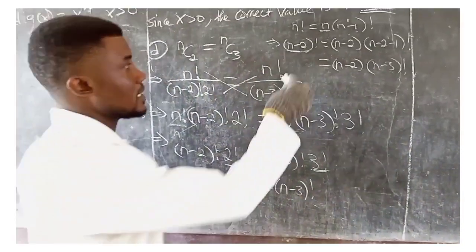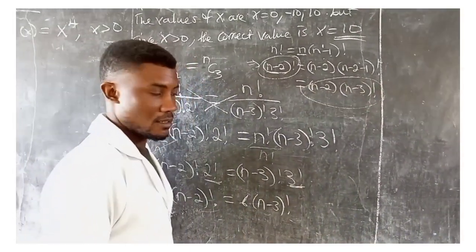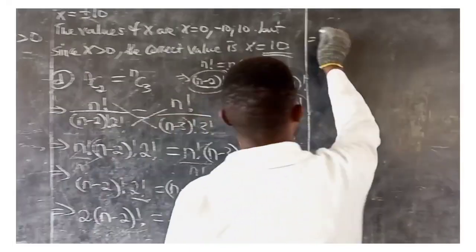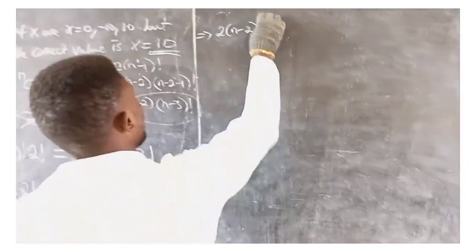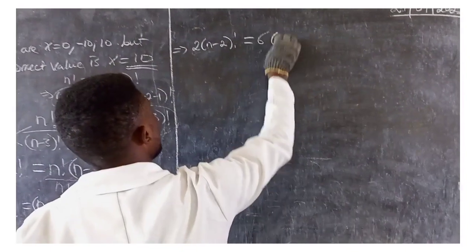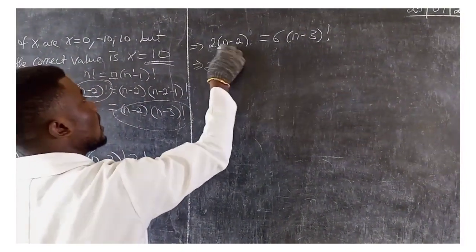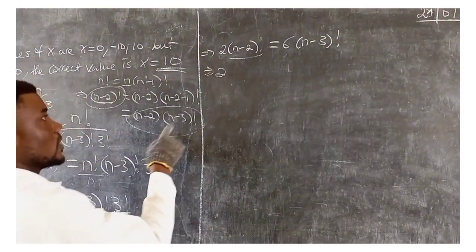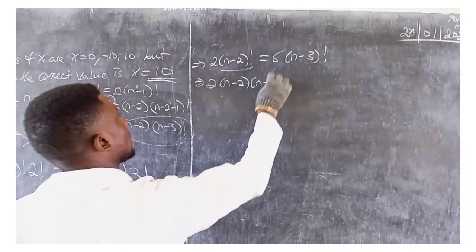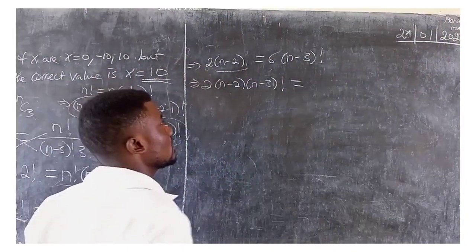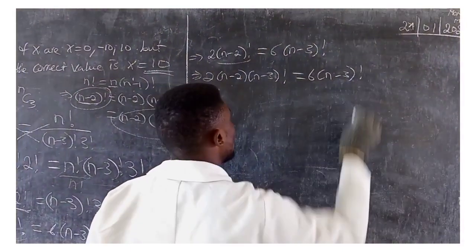So I am replacing this by this. That is 2 times n minus 2 factorial is equal to 6 into n minus 3 factorial. Implies that 2, I replace this by this result, I have n minus 2, n minus 3 factorial, which is equal to 6 into n minus 3 factorial.